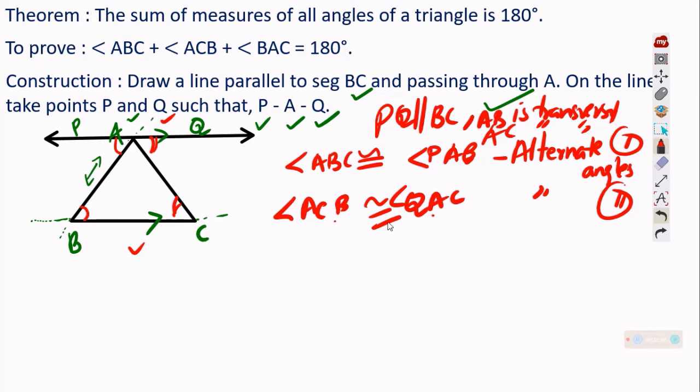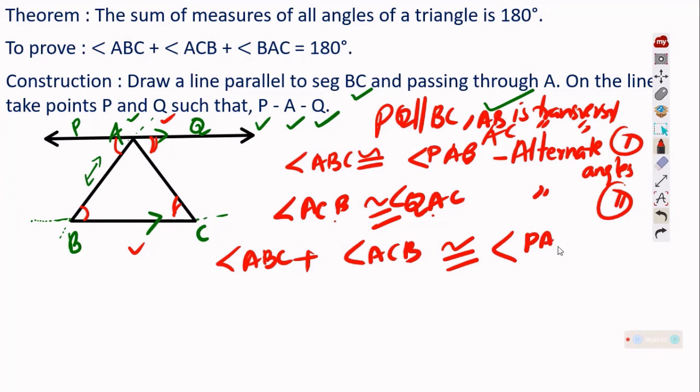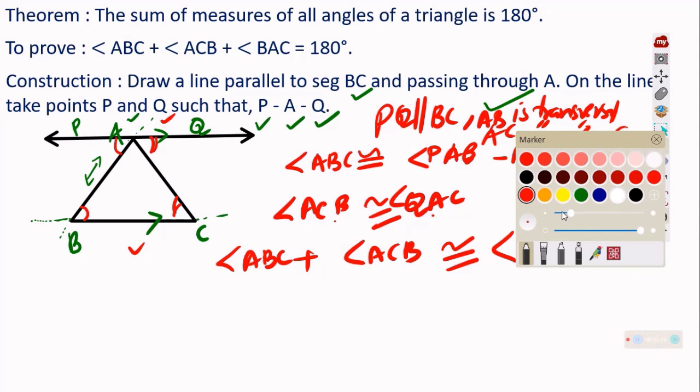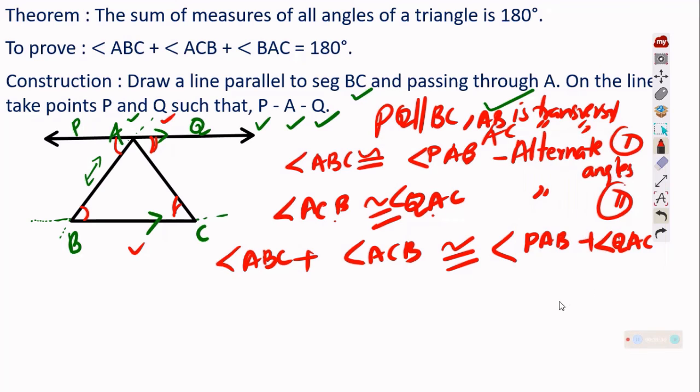So if I add angle ABC plus angle ACB, which are on the left side of the congruency, then they must be equal to the sum of angle PAB plus angle QAC. Correct? Let this be the third equation in my case.